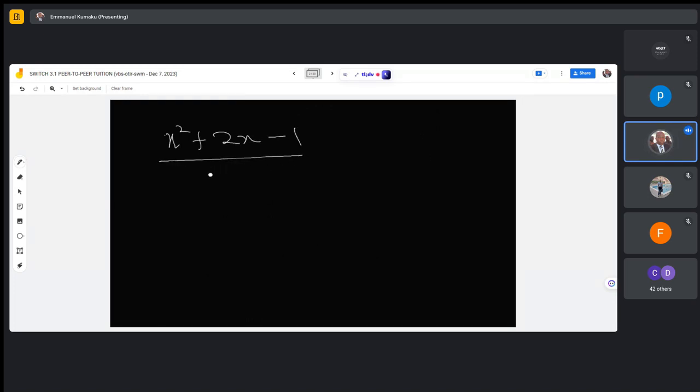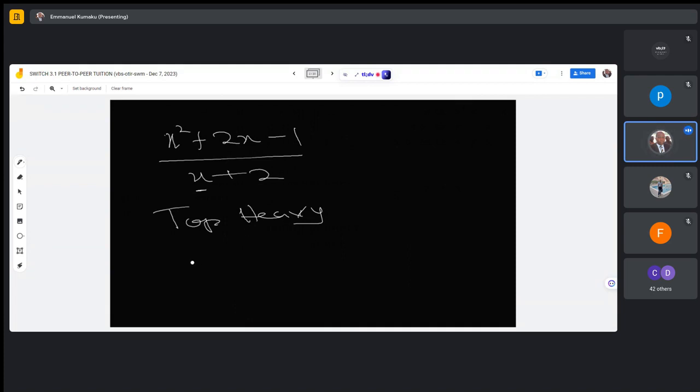An example. Then we can have x plus 2. This is just a random example. And this one, we can see that this is top heavy. It is top heavy because the degree at the top is 2. That's the leading power is 2. But the degree at the down is 1.